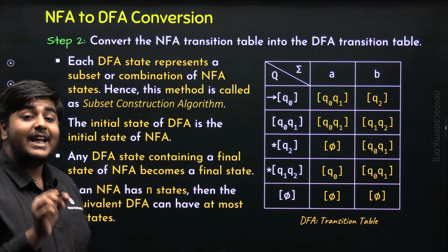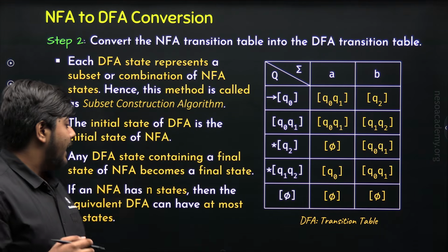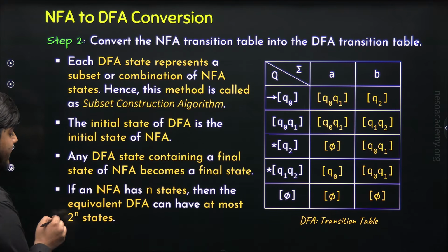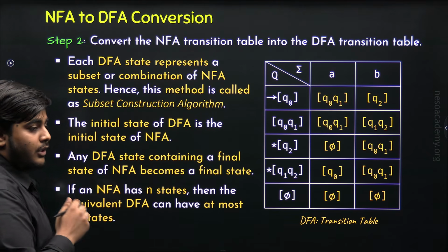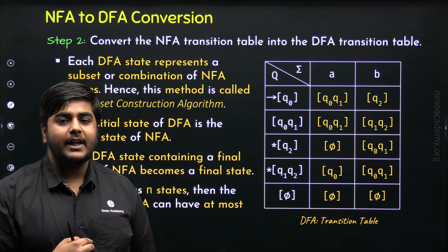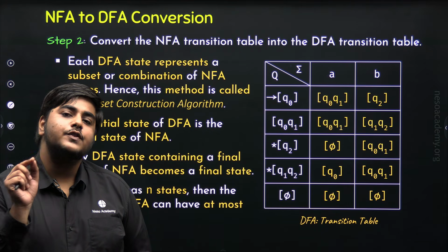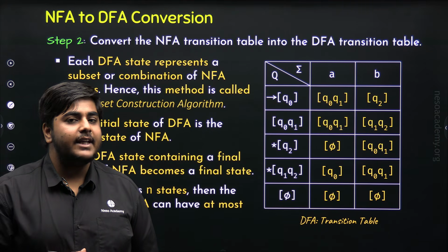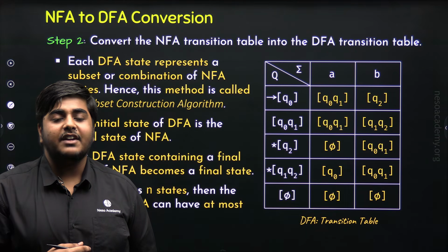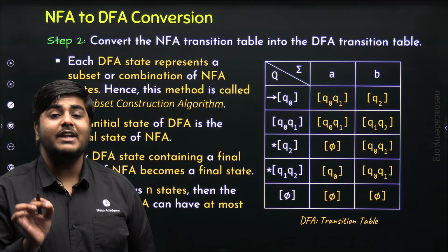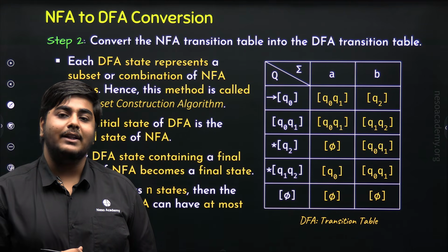So if I have 2 states in NFA, the maximum states in DFA can be 2 to the power 2, which is 4. If I have 3 states in NFA, the maximum states in DFA can be 2 to the power 3, which is 8. So this was a very important point that you need to keep in your mind.